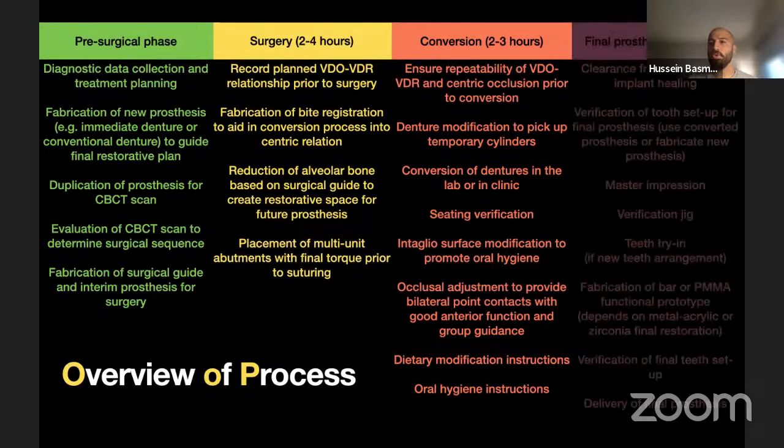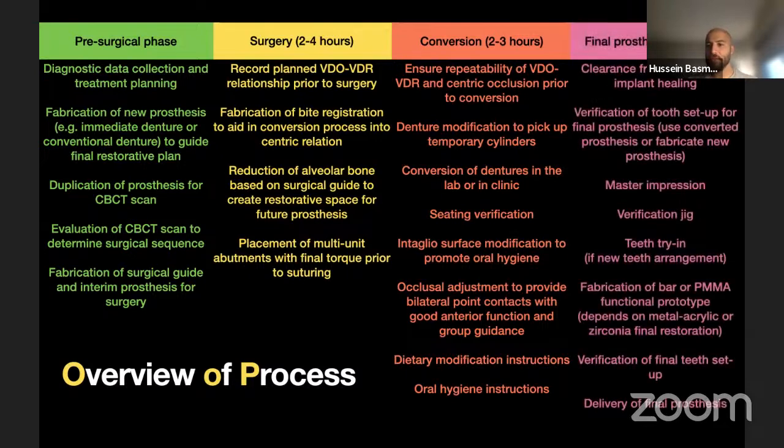Then we move into the last step, which is the prosthetics step, which is what we're going to be talking about this evening. Our lecture today is going to focus on what steps you should follow after the implants have healed.